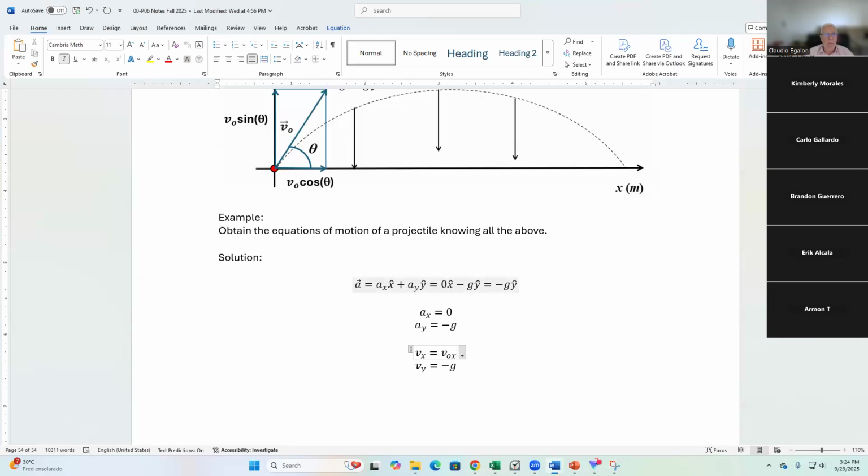Acceleration is equal to 0, and v naught x, by the way, is v naught cosine of theta. Since the motion is accelerated along the y-axis, it can be written in terms of the initial velocity along the y-axis minus gt.